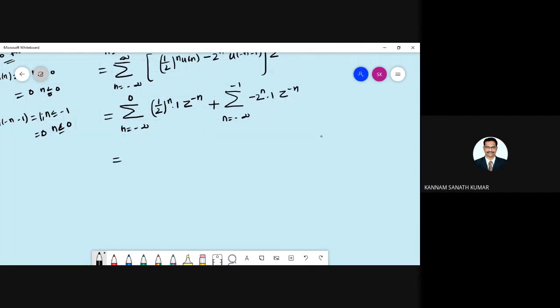So if you define summation n equal to 0 to infinity, you can change the summation. If you change the summation, these values will change, so you are getting minus n over here and n over here. Plus into minus is minus.